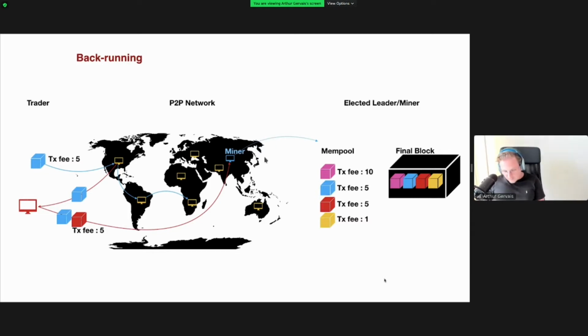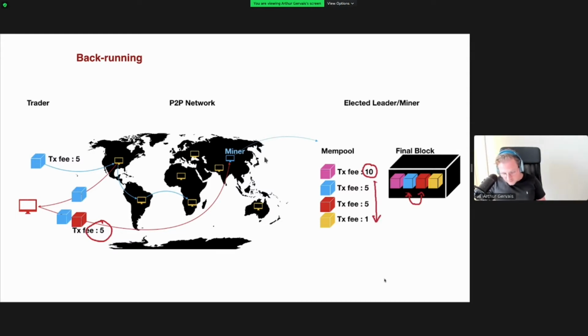Okay, so this was front running. At the same time, we can do the same with back running. So you see, I just swapped the positions of those two, right? The adversary created a transaction with the same fee as the victim, but sent it out a little later. And because of that, the most commonly used mining software and blockchain clients typically order transactions according to the gas price, and according to the time of reception.